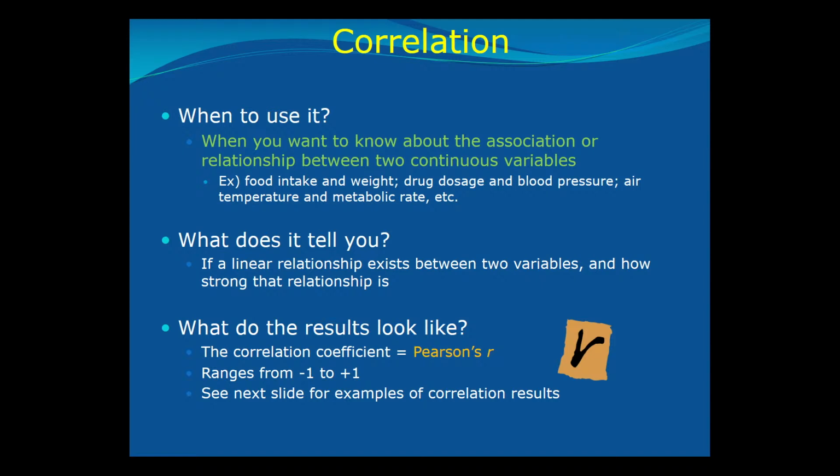For example, if we're interested in food intake and weight, does our weight depend on food intake, or for example drug dosage and blood pressure, air temperature and metabolic rate. In this case, we should carry out correlation analysis.